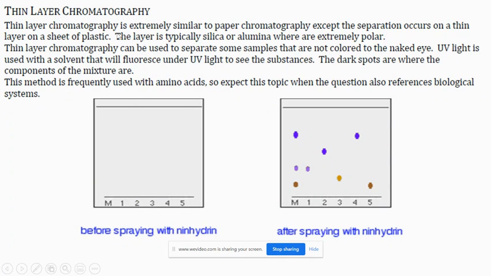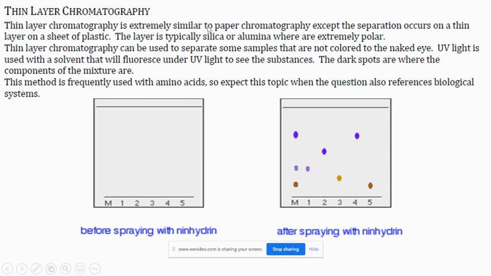All right. The next type is thin layer chromatography. So thin layer chromatography is similar to paper chromatography, but it's kind of almost like a glass slide or something, okay? Or they're talking about a thin piece of plastic. Either way, on top of that, they're going to have something like silica on there, and that is extremely polar.